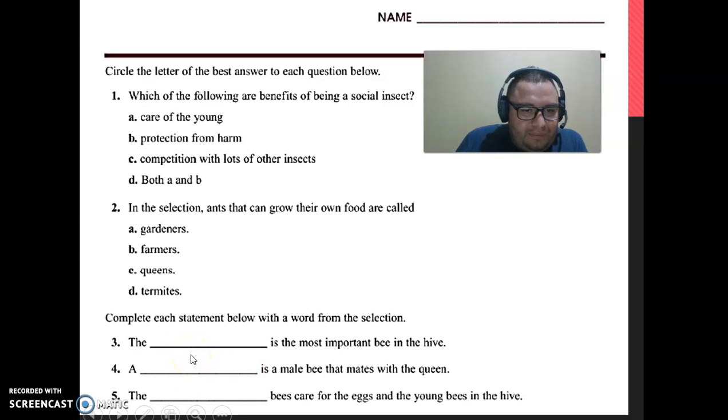Remember, it is not the king, right? The bees care for eggs and young bees in the hive. Which one is it? Remember?